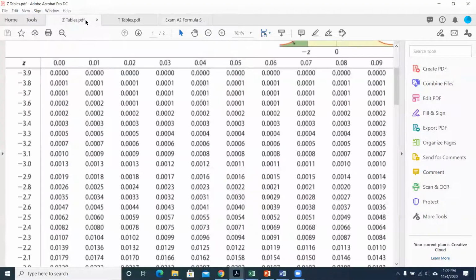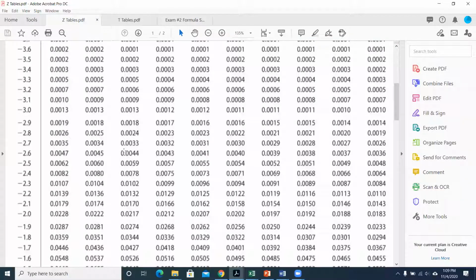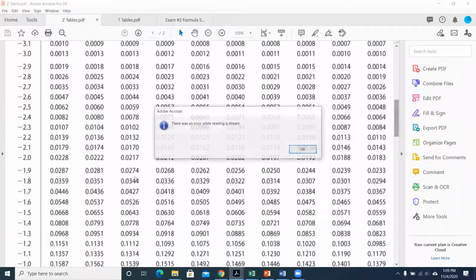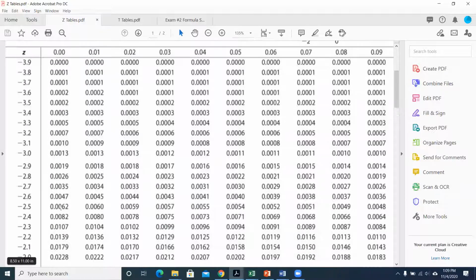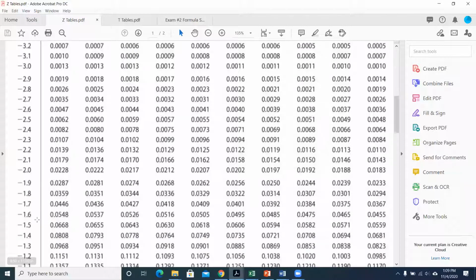in our z-table, right? So scroll down here, negative 1.4, 0, so that first column. So 0.0808 is the area to the left of negative 1.4. Right?